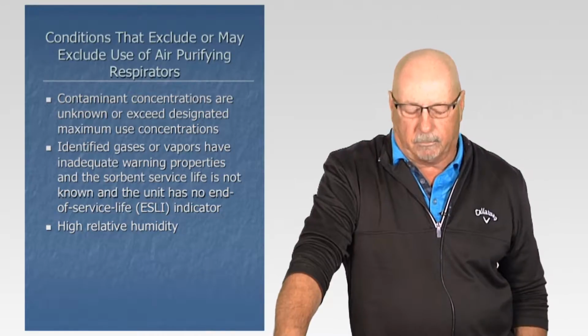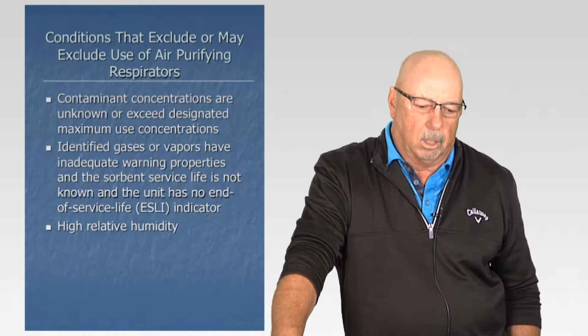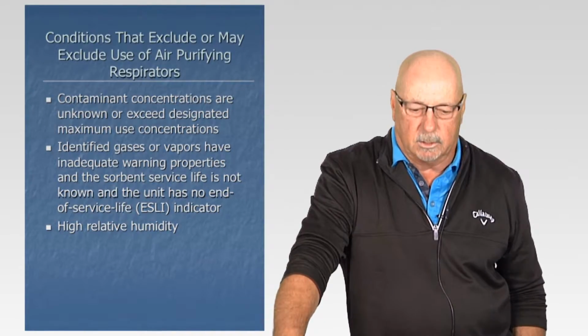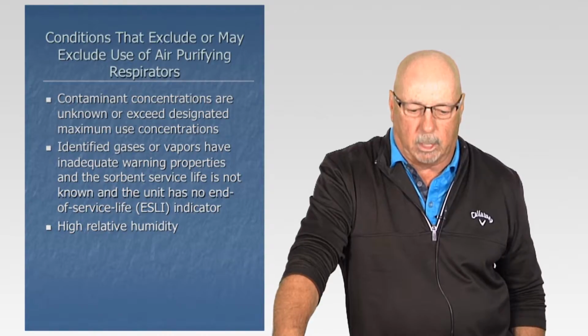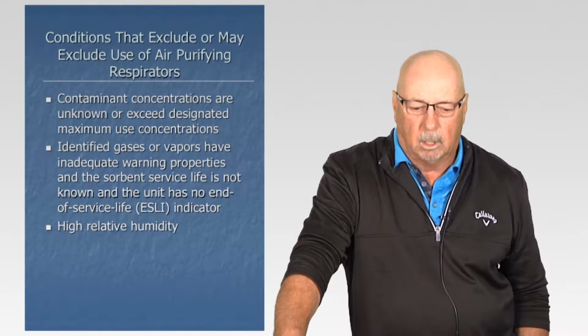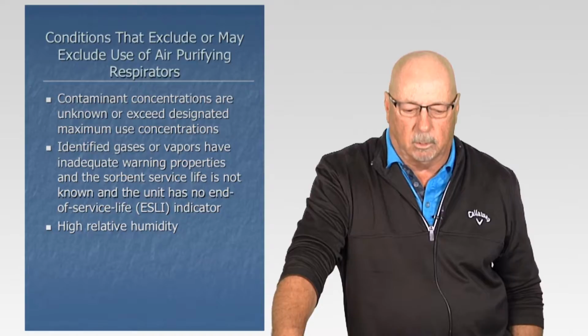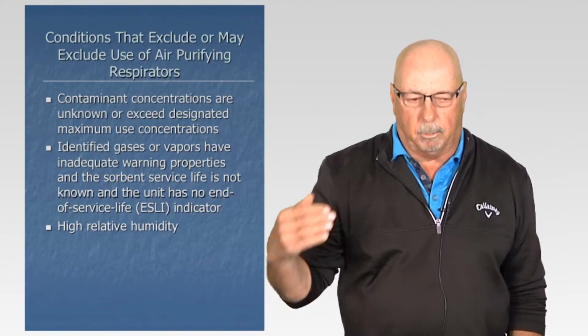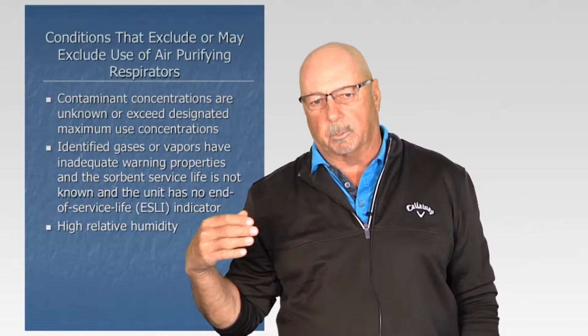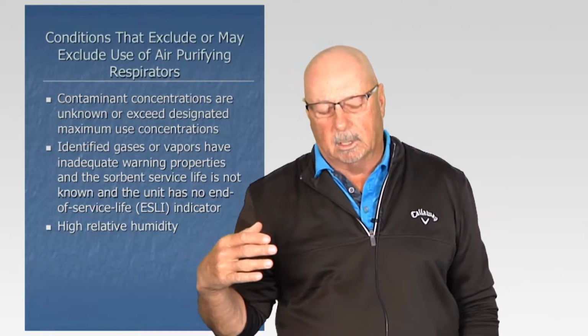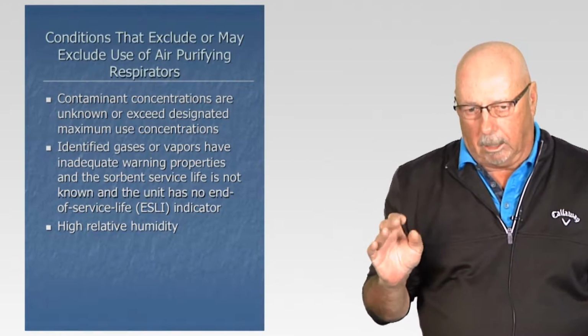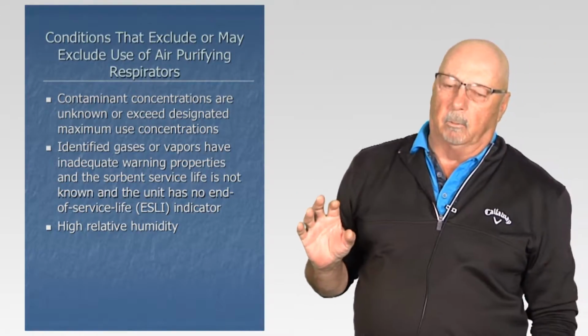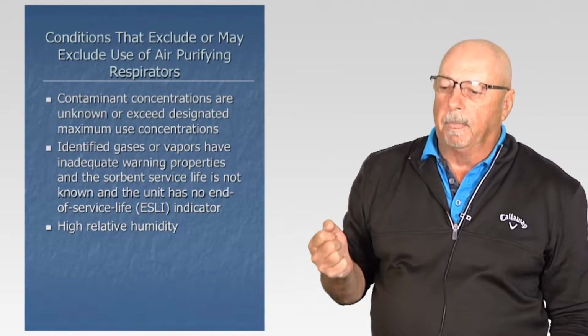So in other words, if I've got a respirator that has a protection factor of 10, essentially what that means is that it's going to be okay to use that respirator up to 10 times the PEL or TLV for the compound we're going to be protecting against.